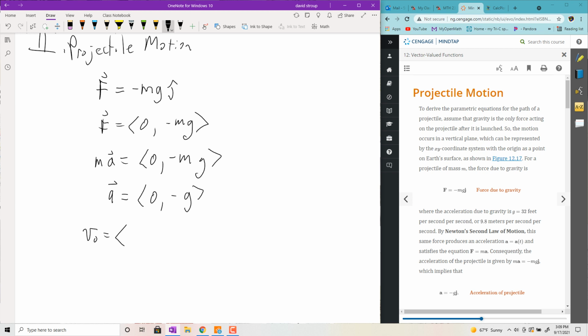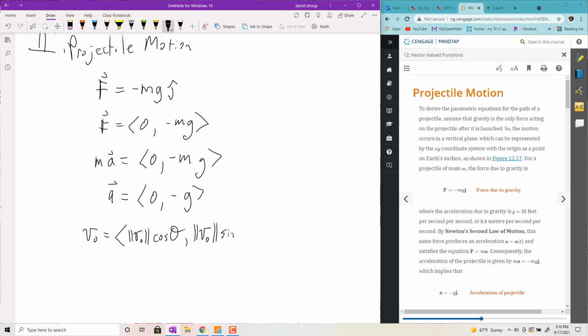We said we could write it using numerical components, but we could also write it using the magnitude and the angle. So if you know the magnitude of the velocity and the angle at which it is initially thrown, you'll have v sub 0 cosine of some angle, comma, and you could describe the initial velocity in this way.